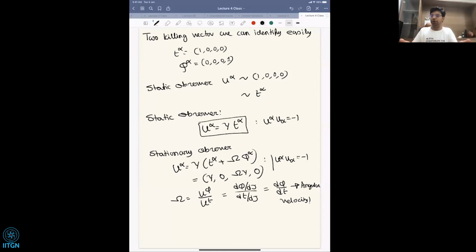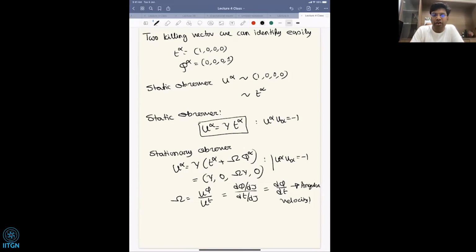So the only component it can have is in the t direction. Therefore it is something proportional to (1, 0, 0, 0), and the something is actually the component in the t direction. Is it clear? Is the four-velocity part clear?